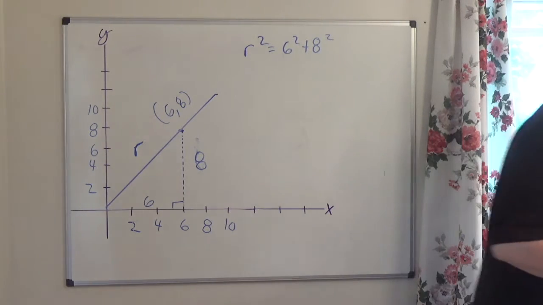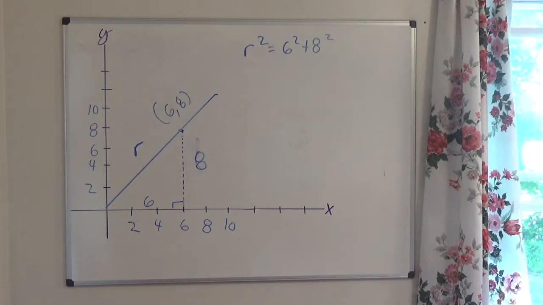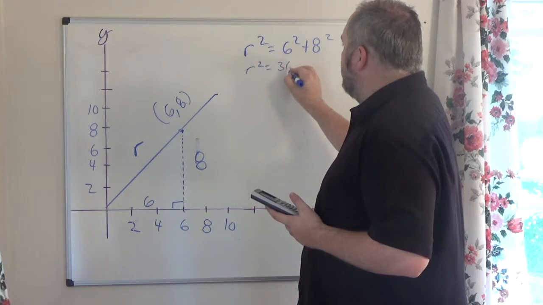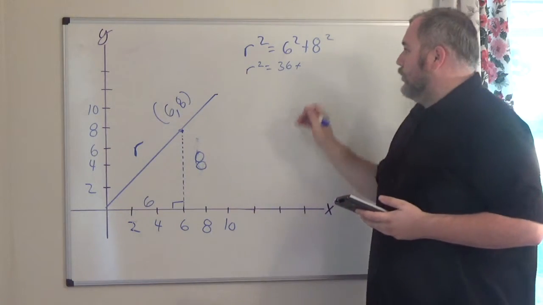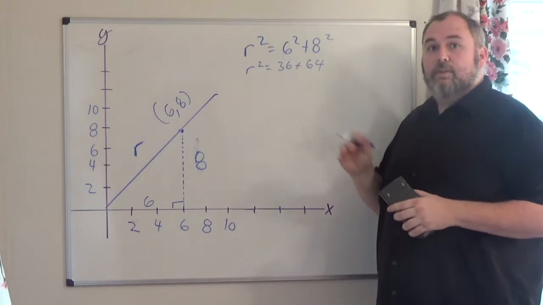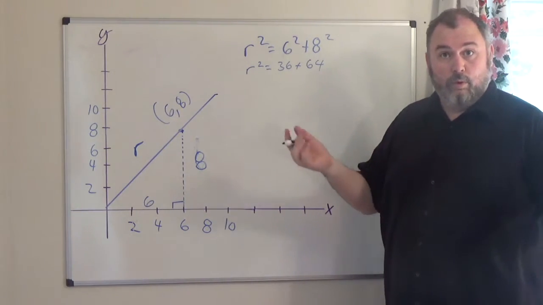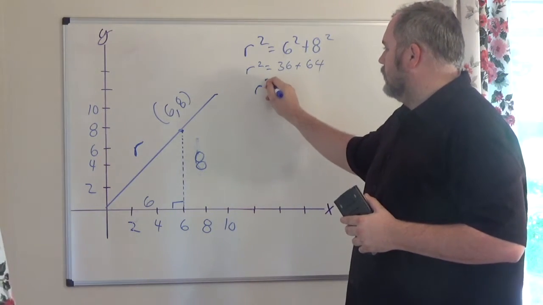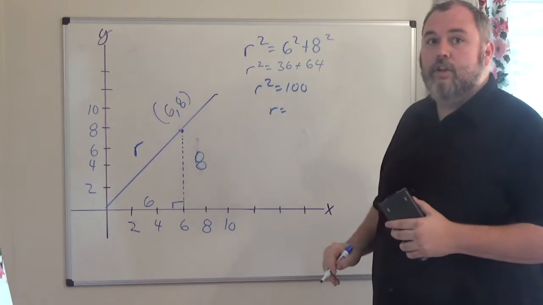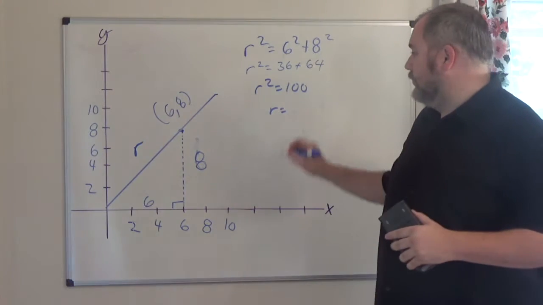Actually, I don't need a calculator. r squared is equal to 36 plus 64. So 36 plus 64 equals what? 100.